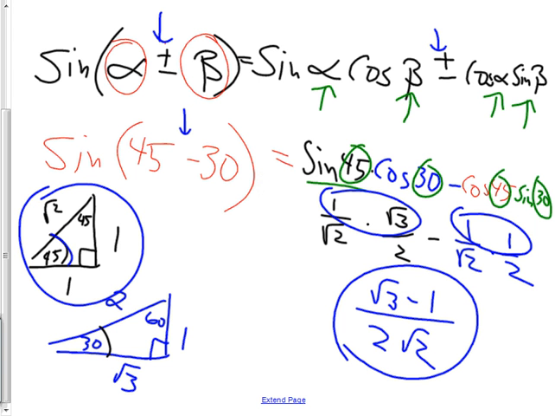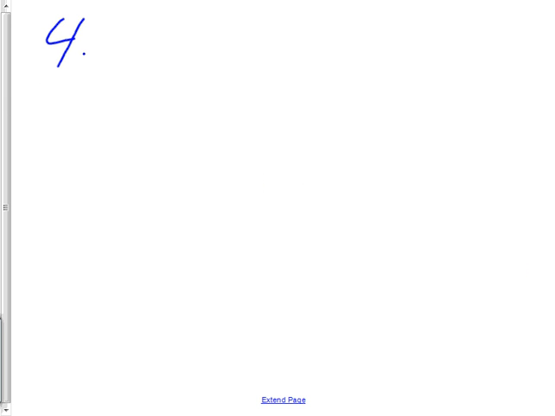Yes. All right, so let's do another one like that. Let's try cosine of 75. Let's go to number 4. Now I can tell this worksheet's probably a little too long, even with the fact you have tomorrow to work on it. But let me help you with number 4. Cosine of 75. Any nominations for what I should change that to?